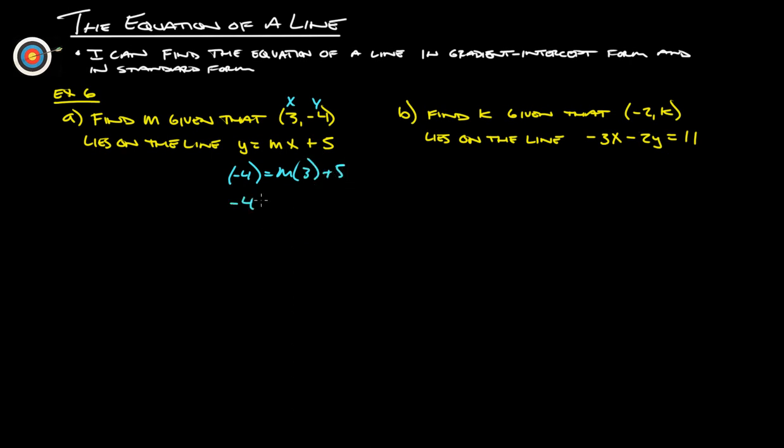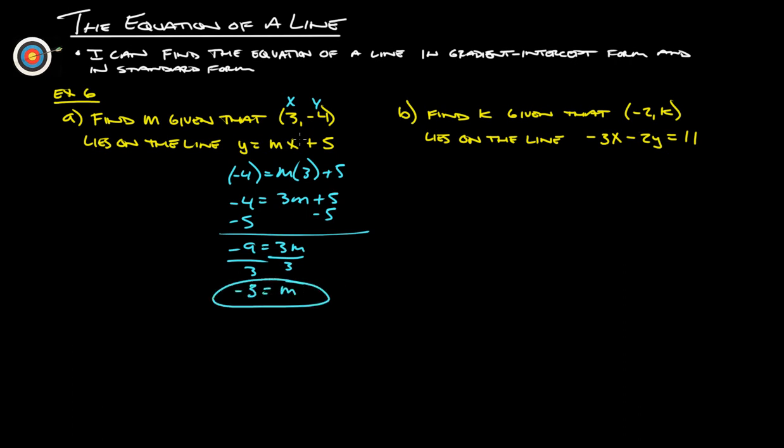So we get -4 equals 3m plus 5. Let's solve for m: subtract 5 from both sides. -9 equals 3m. Divide by 3 and m is -3. So the slope of that line is -3.